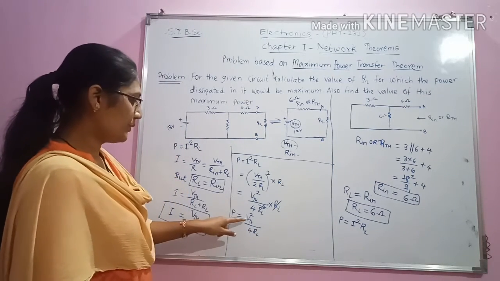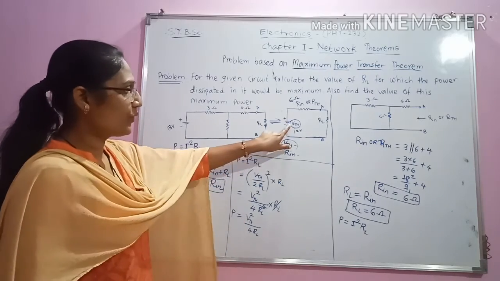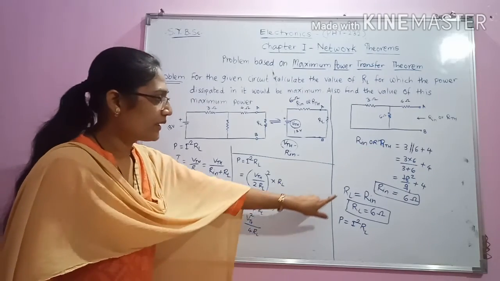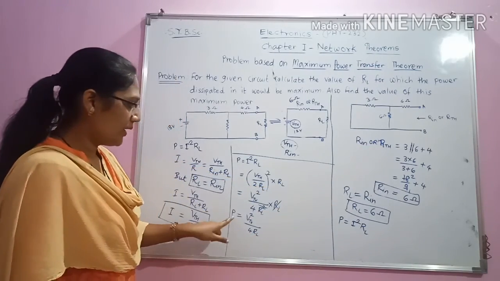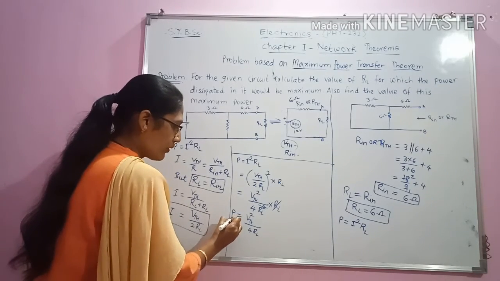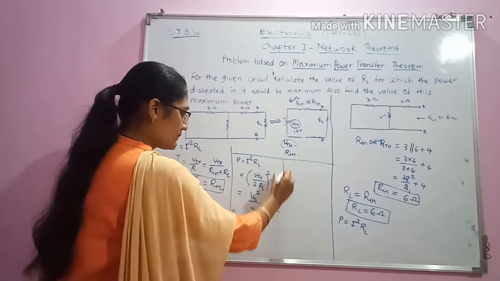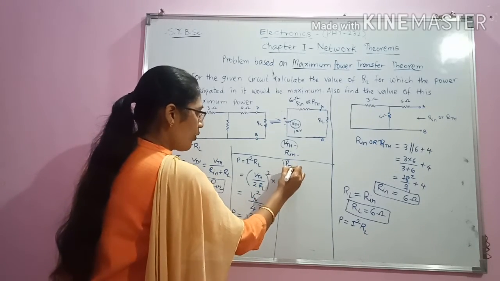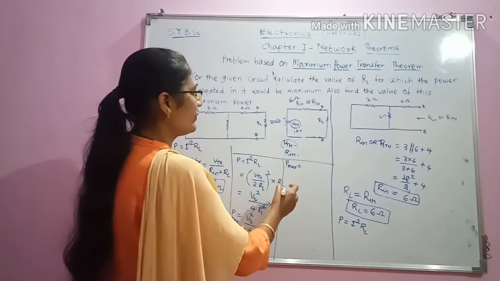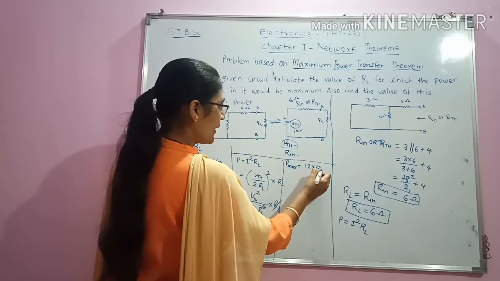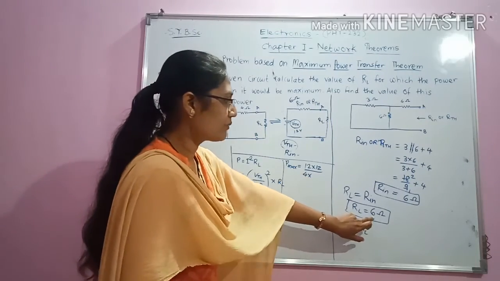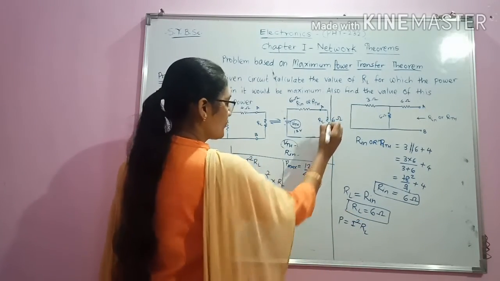Now we will substitute the values of VTH that we have already calculated and RL that we have calculated as 6 ohm into this formula, and we will obtain the value of maximum power transfer. So Pmax, maximum power transfer or dissipated, is equal to VTH square, that is 12 into 12, divided by 4 into RL. The value of RL comes out as 6 ohm.